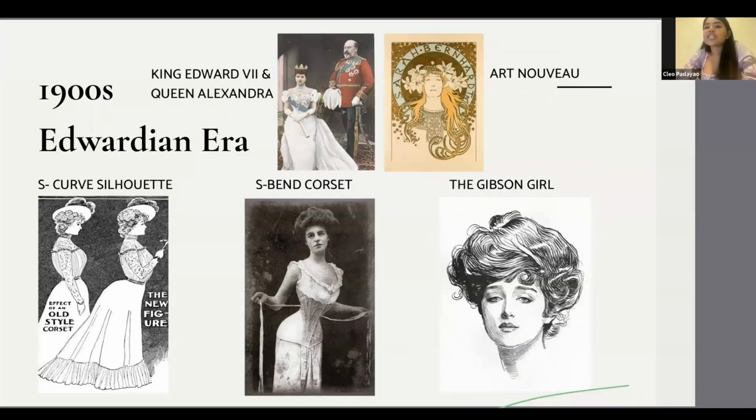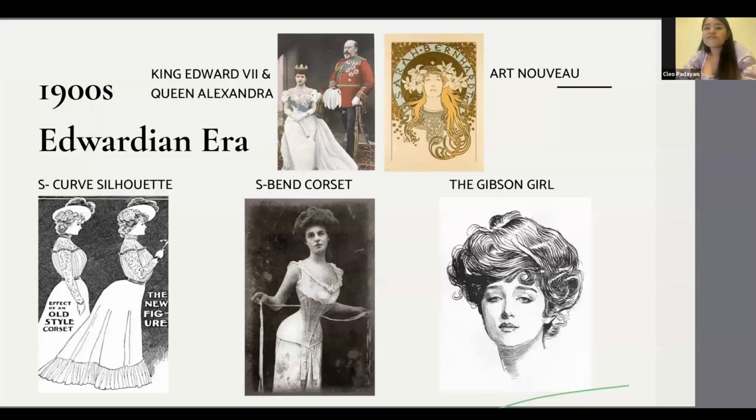So this is known as the Edwardian era. Why Edwardian? Because the British monarch at that time was King Edward VII and Queen Alexandra, his wife. And the art style that inspired the women at this time was Art Nouveau.